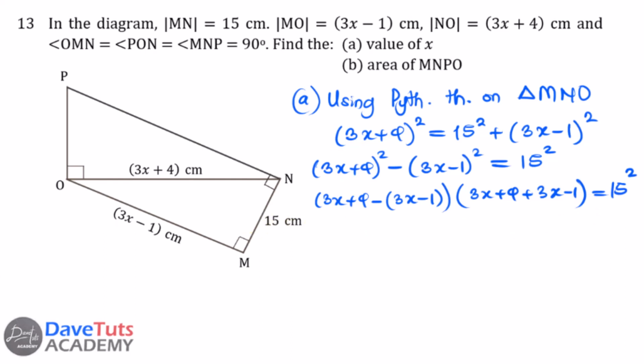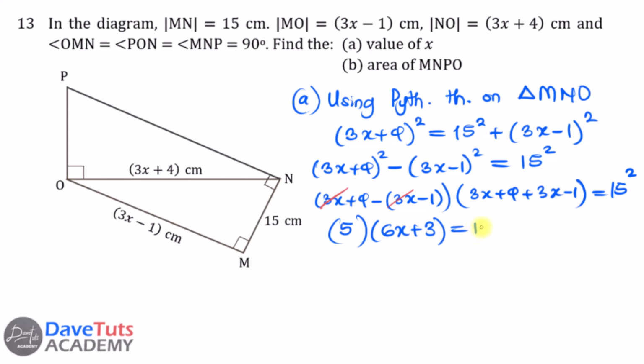Look at this, this 3x and this 3x, they subtract each other. 4 minus minus 1 will become 4 plus 1, so that will be 5. Okay, and then in this case we have 3x plus 3x, that is 6x. Okay, 4 minus 1, that is 3. This is equal to 15 square.